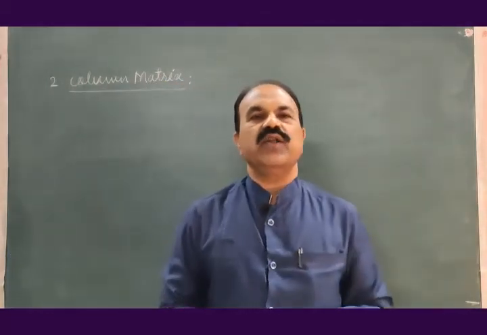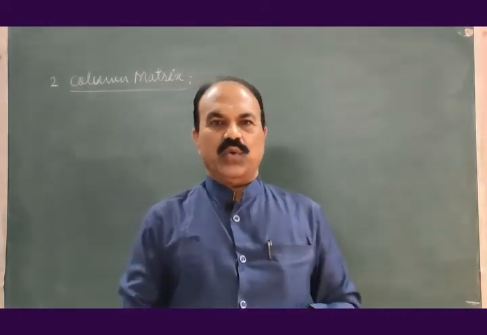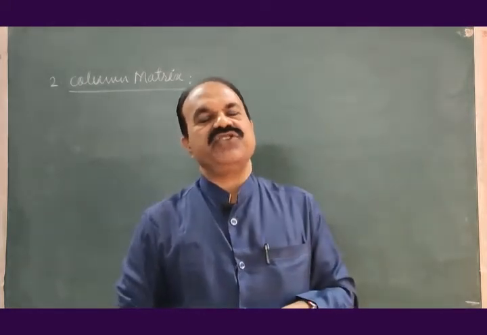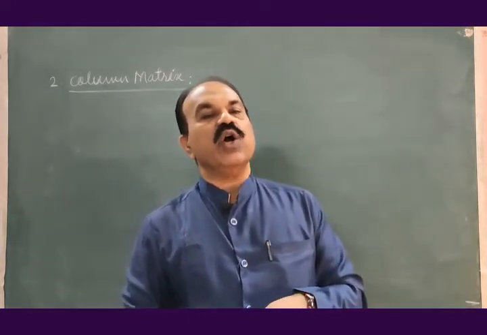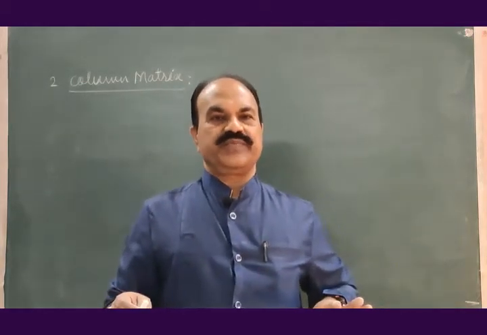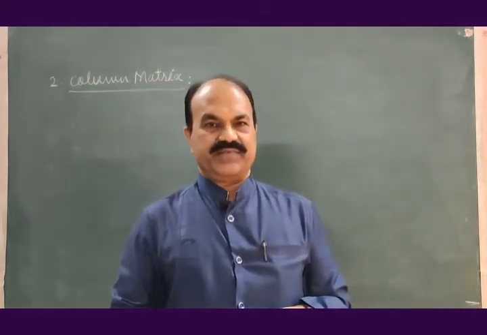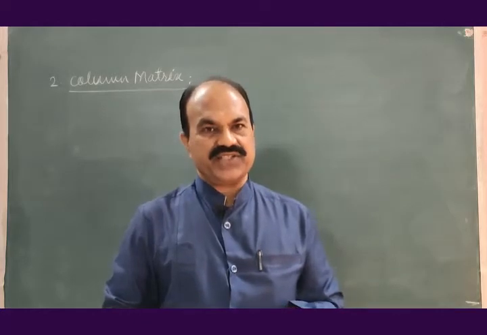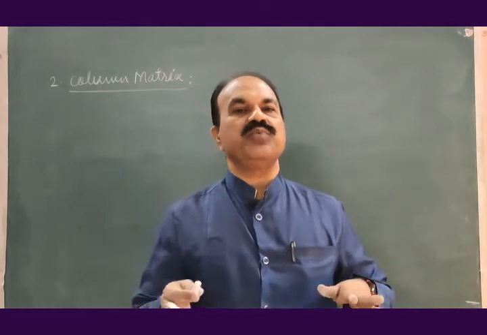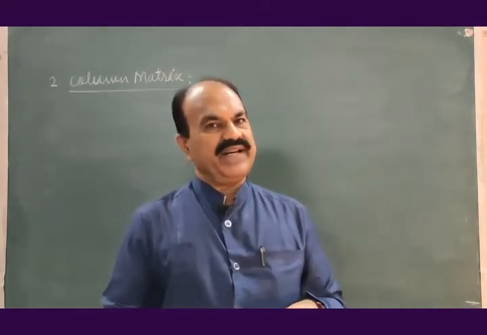How to define a column matrix? A matrix which has only one column and any number of rows is called a column matrix.